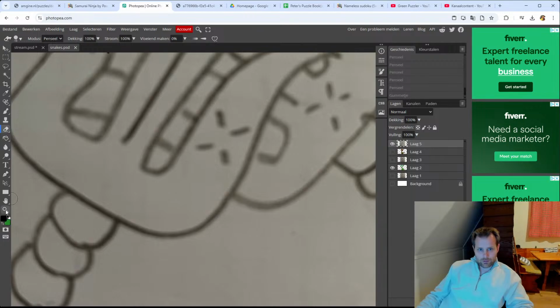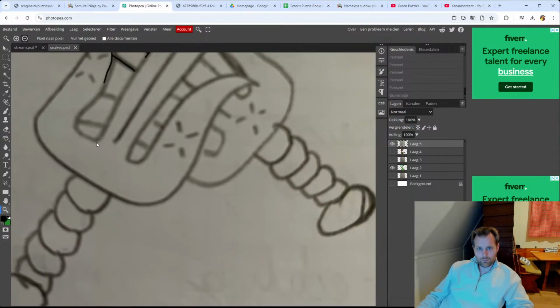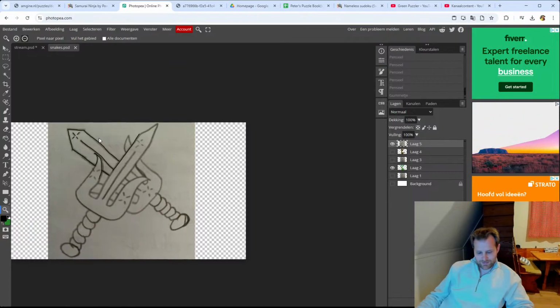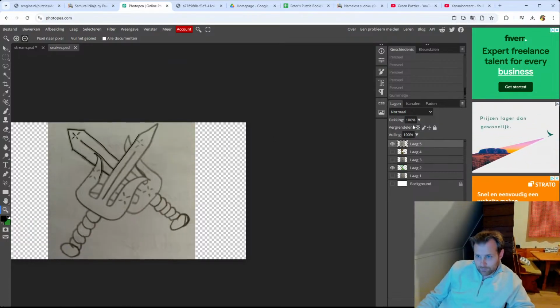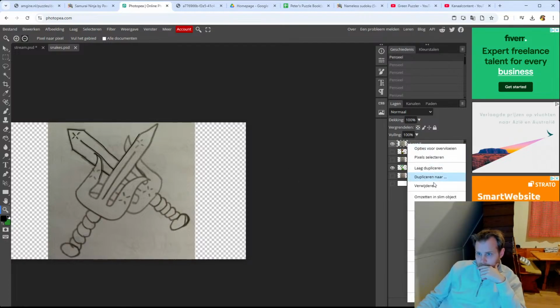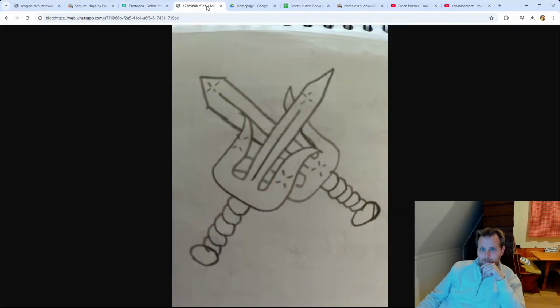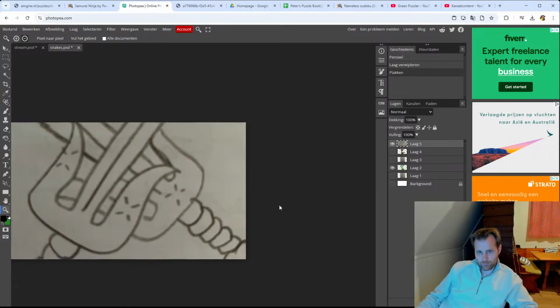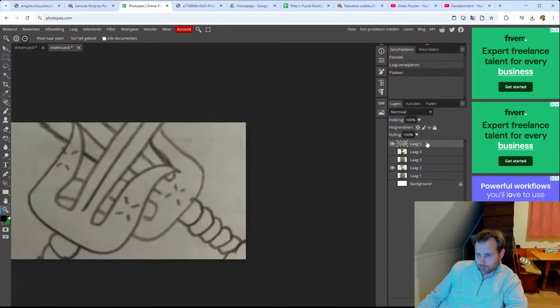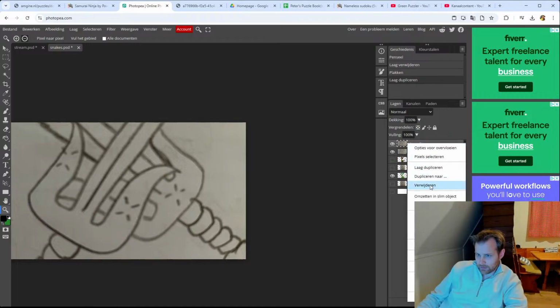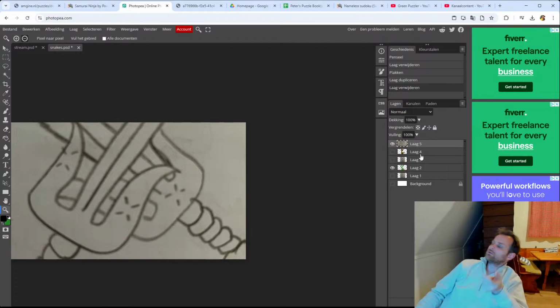Oh, I screwed up. I'm dumb. So let me go back a lot. Okay. I delete this one and I do it again. I screwed up because what I didn't do was add another layer. No, not this layer.